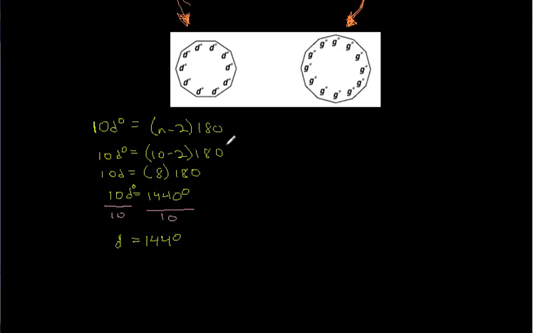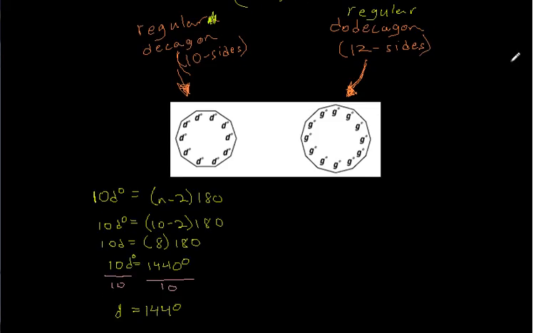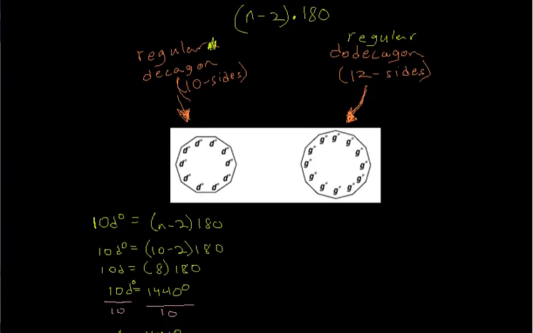Cool. Let's move over to the dodecagon. Remember, since this is a regular dodecagon, all sides are equal and all the measures on the inside are congruent. I'm going to scroll up a little so the formula is visible.